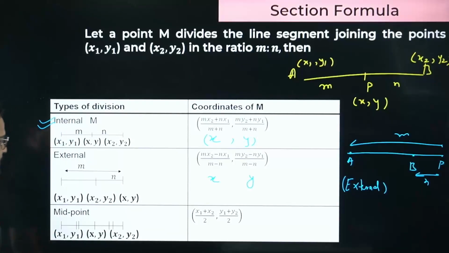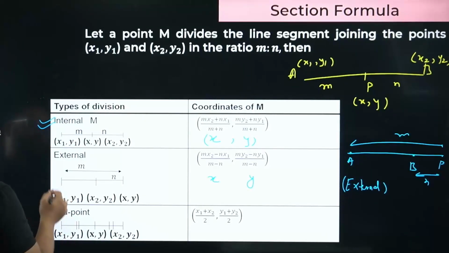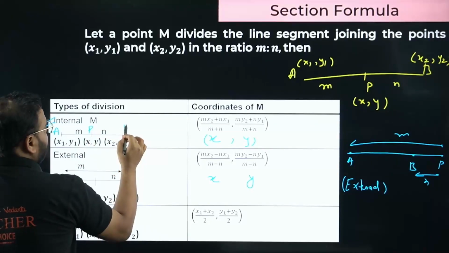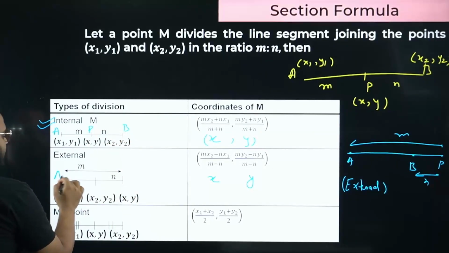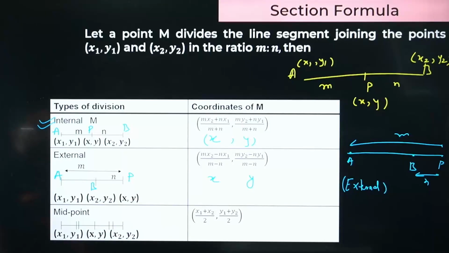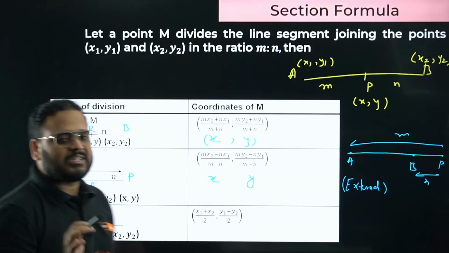Please check. If you check carefully, this is your point A, this is the point P. Same fashion over here, we have A, we have B over here, and we have P outside. Now midpoint is a special case of your section formula.